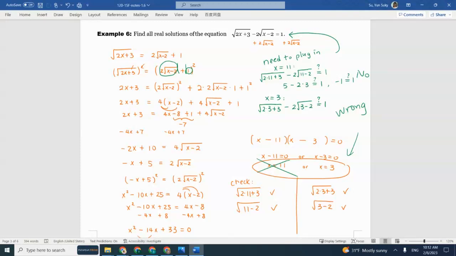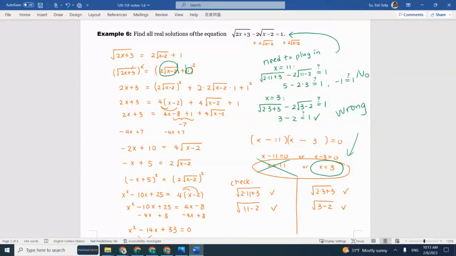What's 2 times 3? That is 6 plus 3. 9, square root of 9. 3. And then 3 minus 2? 1. 2 times 1 is 2. Is 3 minus 2 equal to 1? Yes. See? So the solution is only x equals 3. So we only have one solution.